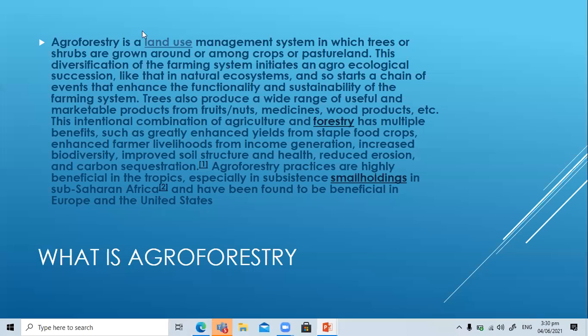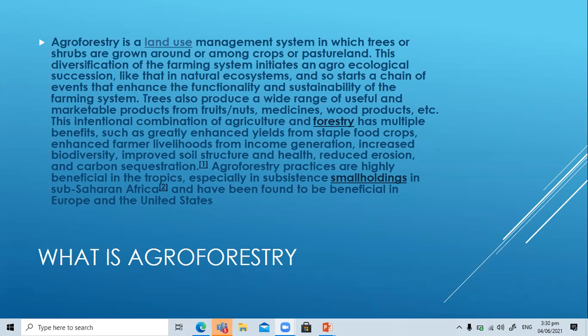Agroforestry is a land use management system in which trees or shrubs are grown around or among crops or pasture land.